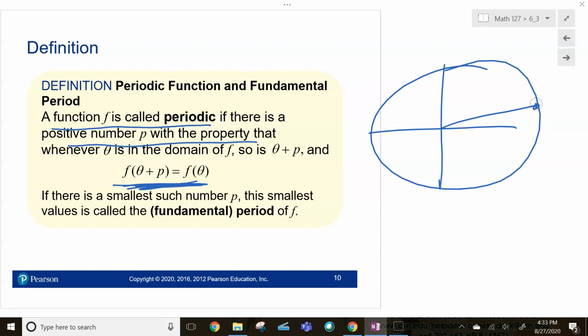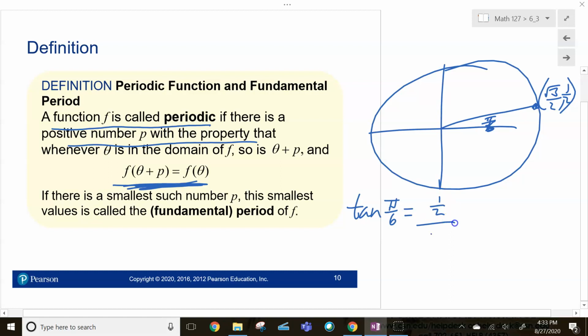The tangent of pi over 6 is sine over cosine. So we get 1 over root 3, or root 3 over 3.